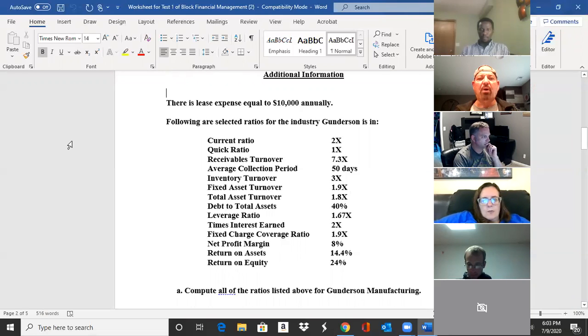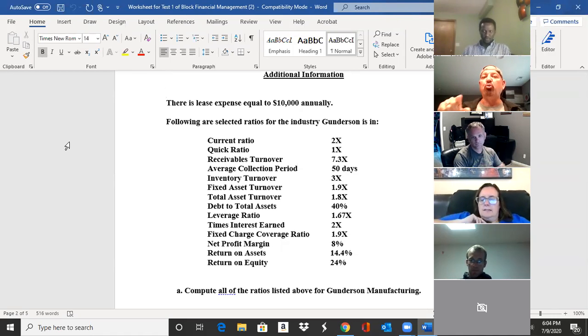What profitability ratio is affected by asset turnover? Well, we had 3 profitability ratios we looked at: the net profit margin, return on assets, return on equity. So total asset turnover ratio affects which one of those directly? Return on assets. Yeah, it's return on assets.